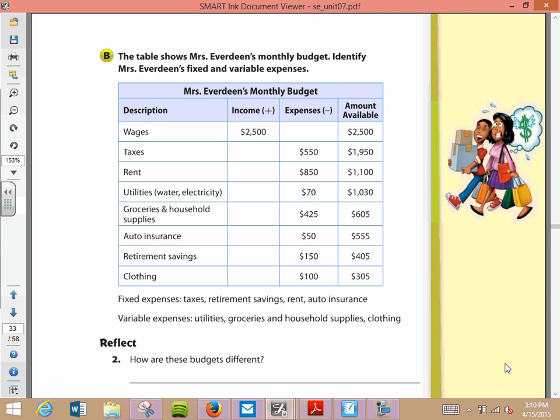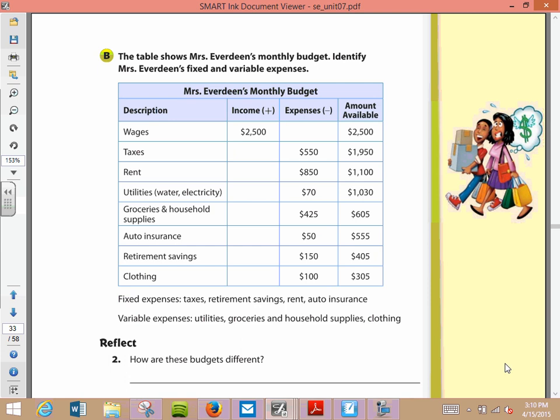What about groceries and household supplies? They vary, right? You can spend some amount of money. So yes, groceries can vary.